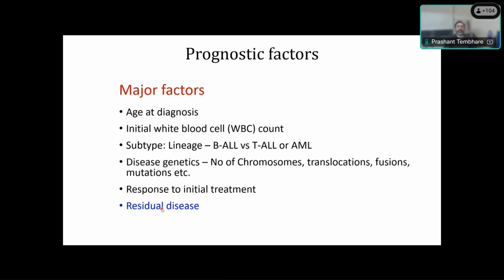Now, if a patient has higher residual disease, that patient has high chances of relapse. If the patient has very low residual disease, the chance of relapse is low, or it will relapse but at a later time point of life. So that is why one of the major important prognostic factors is the residual disease, and the current treatment approach is based on the risk of the disease, whether it is a low risk disease or high risk disease.